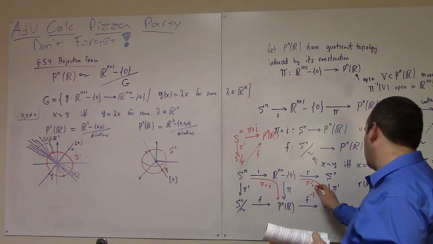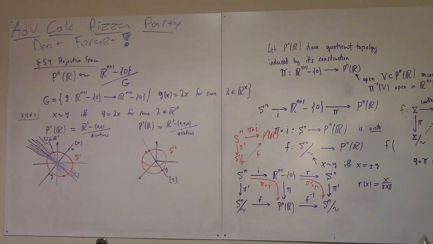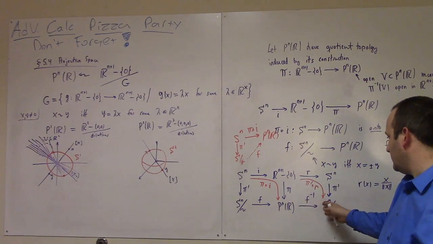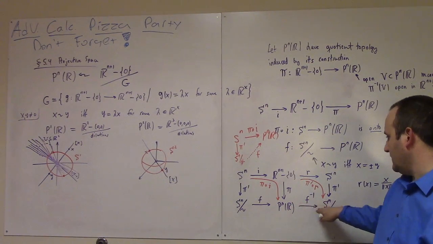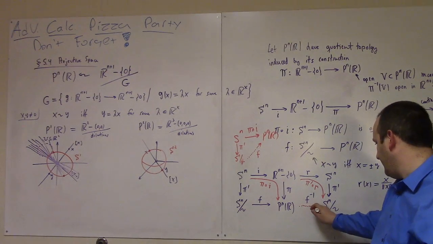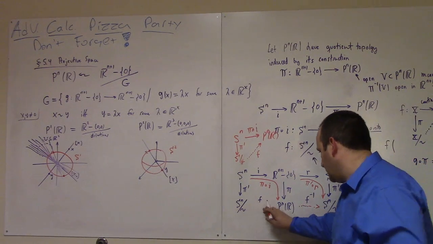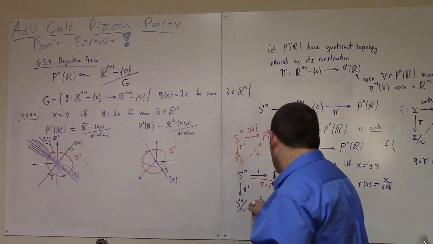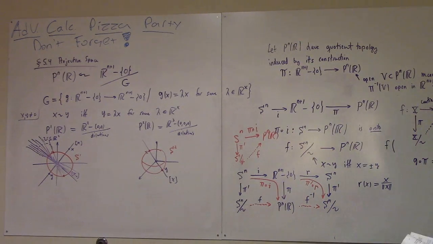Get over it eventually. So again, by the universal property of identifications, those exist, the F and the F inverse.